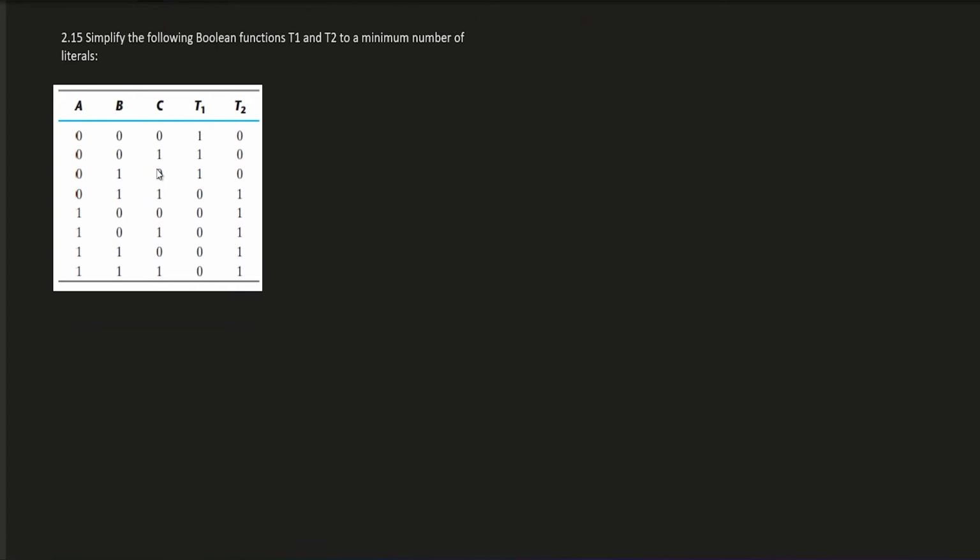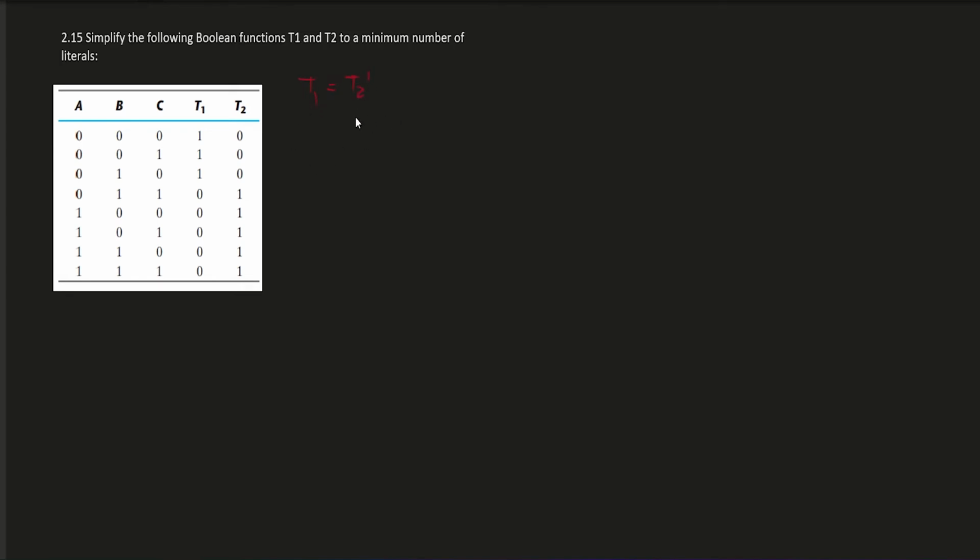So this is the final question in this video. Simplify the following Boolean functions T1 and T2 to a minimum number of literals. Okay. From the truth table we can see that T1 is the complement of T2.